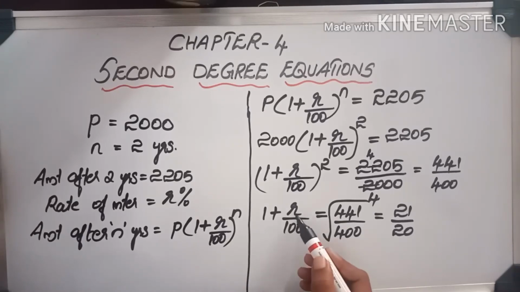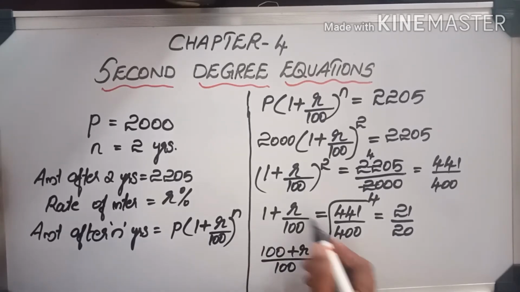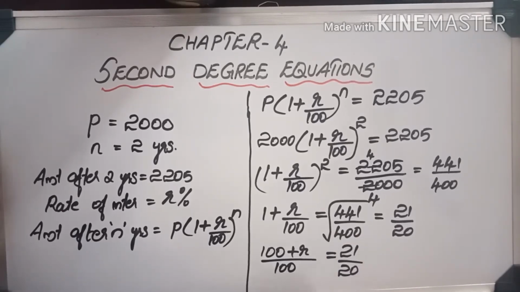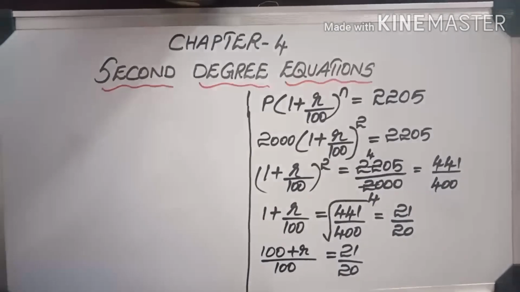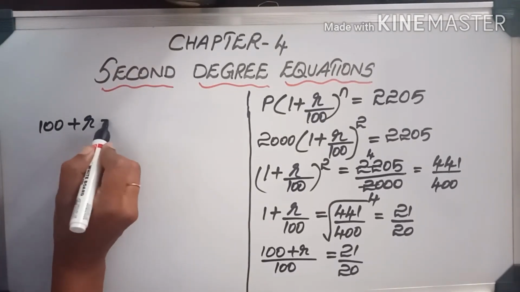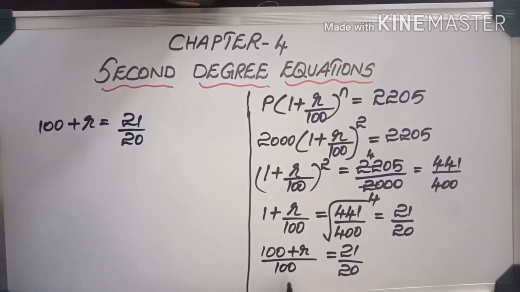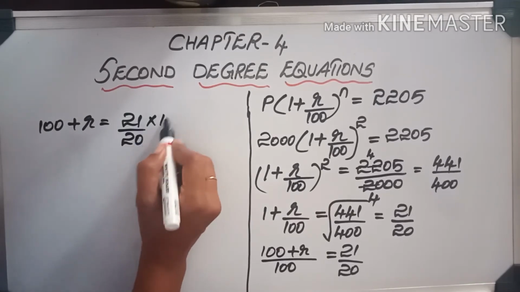Now by simplifying this we can find the value of R. First let's simplify here. 1 into 100 is 100, so 100 plus R by 100 equal to 21 by 20. In the next step, let's take this 100 to the other side. The remaining is 100 plus R equal to 21 by 20 into 100.